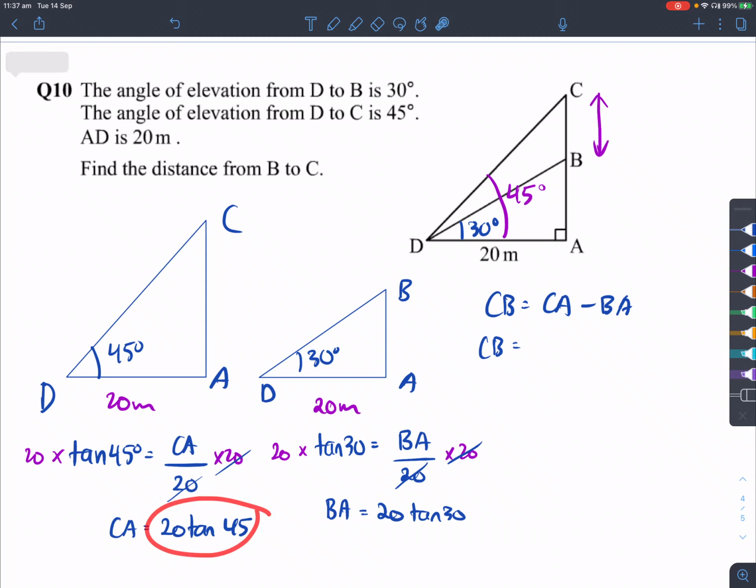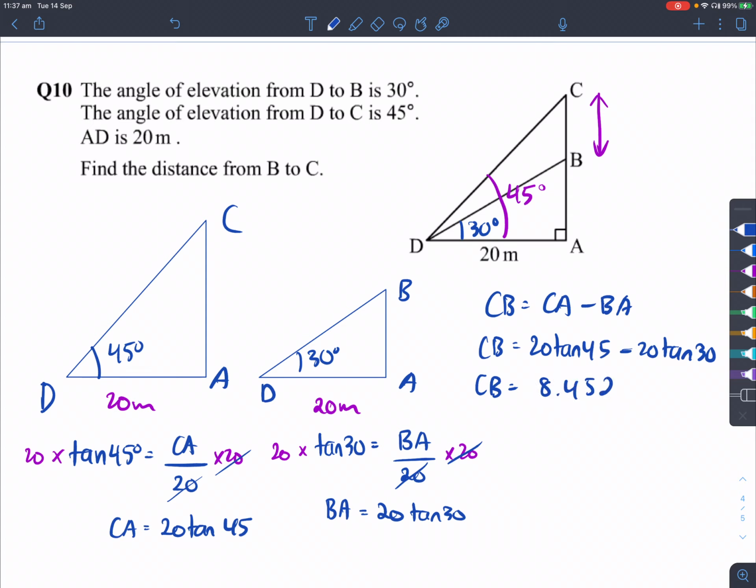CA is 20 tan 45, and BA is 20 tan 30. I'm going to write that in. So if I type that on my calculator now, I do get 8.452, which is approximately 8.5 meters.